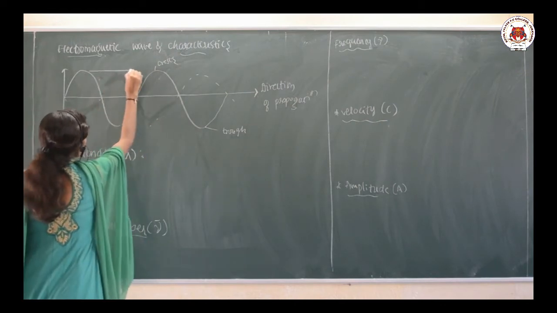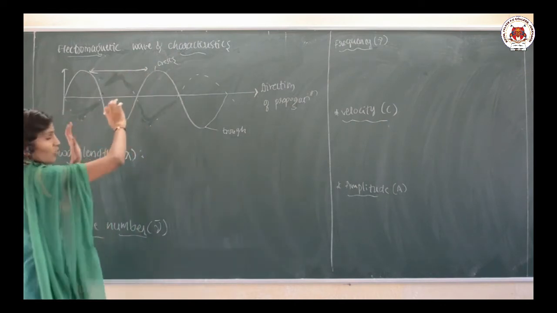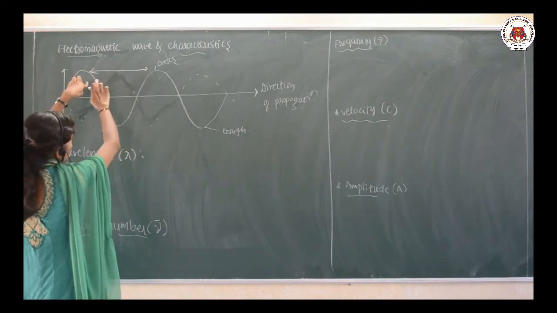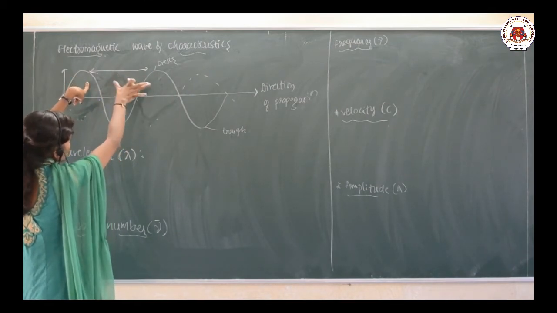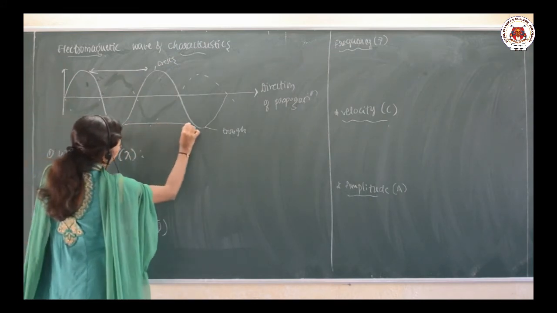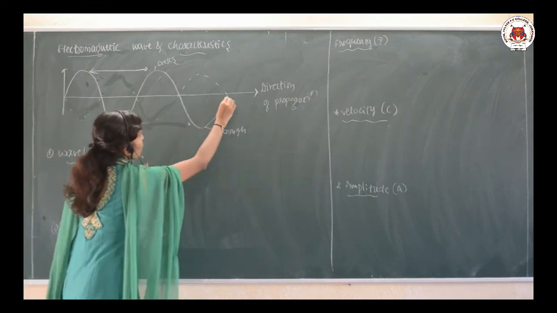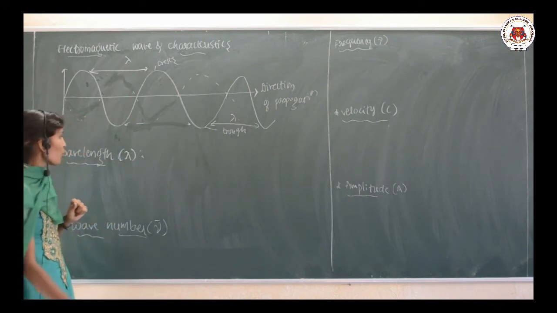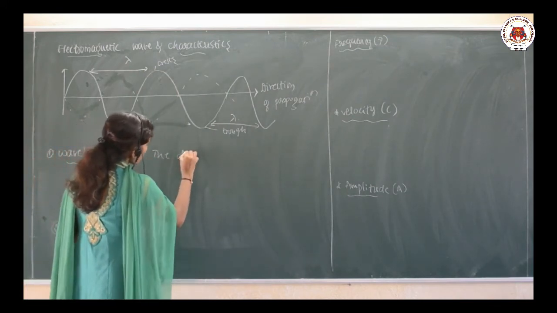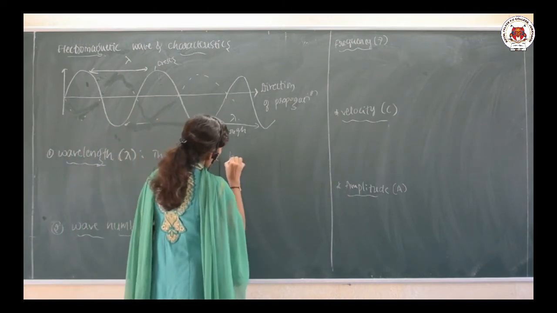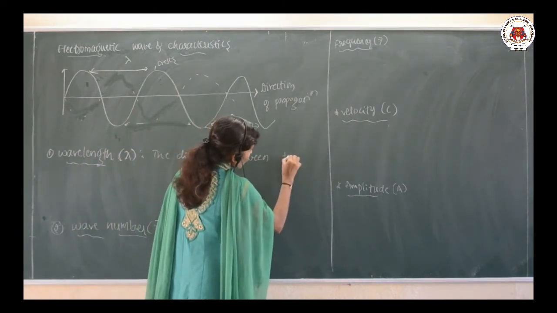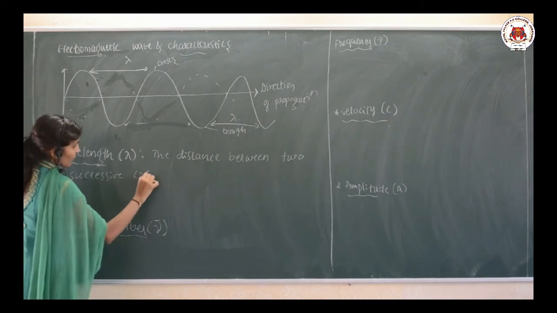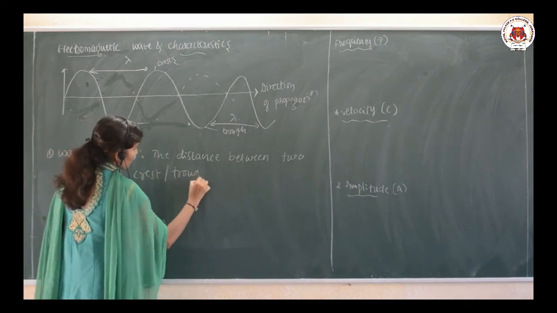What is wavelength? Wavelength is the distance between two successive crests or troughs. I say successive because you should use the immediate next crest only. You can also take the distance between two successive troughs. This distance is lambda, and this distance is lambda.